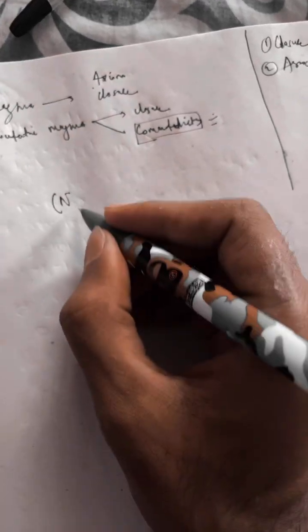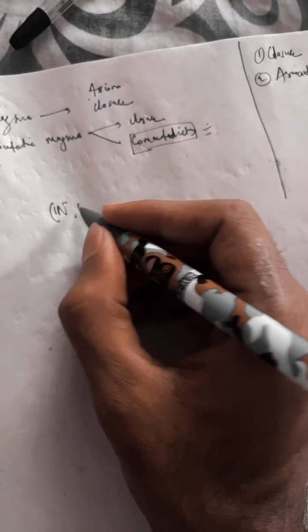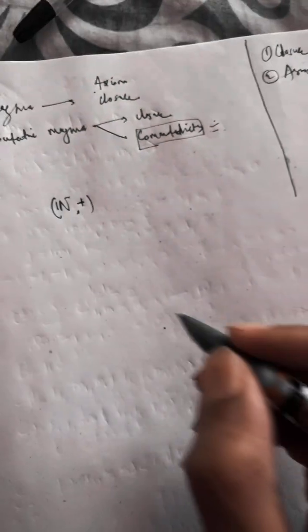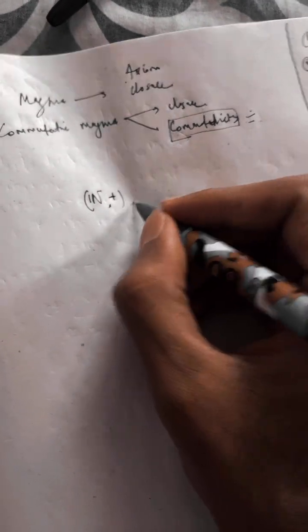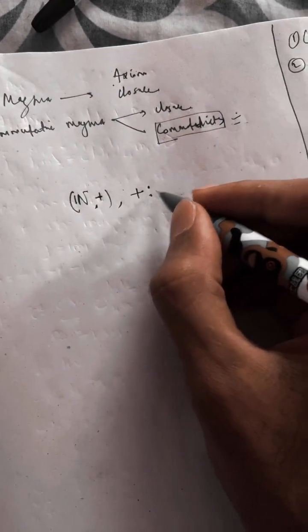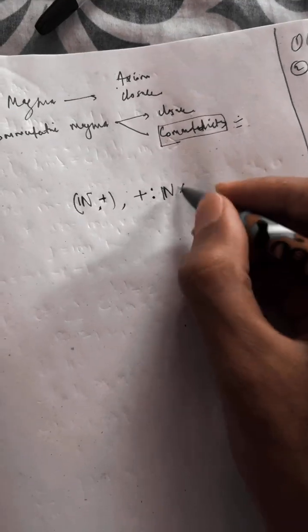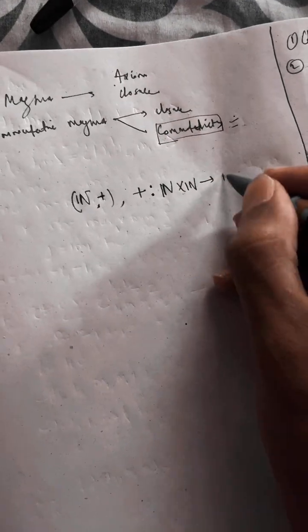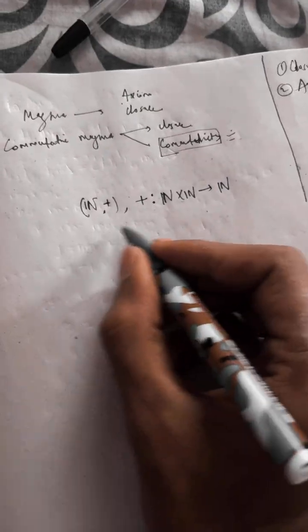Now we want to see, does this structure, the set of natural numbers embedded with the binary operation addition, where we define addition as a Cartesian product of natural numbers to natural numbers, satisfy associativity or not?